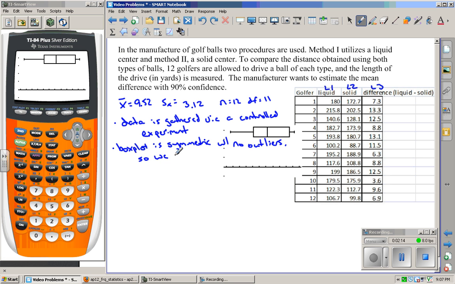So we can assume distribution is approximately normal.